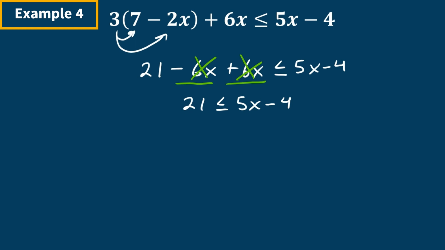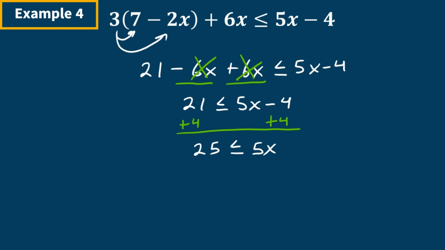From here, we want to get the x by itself, so that means I have to move this negative 4 over to the other side, and we do that by doing the opposite, which is add 4 to both sides. When we do that, we have 21 plus 4 is going to be 25 is less than or equal to 5x.